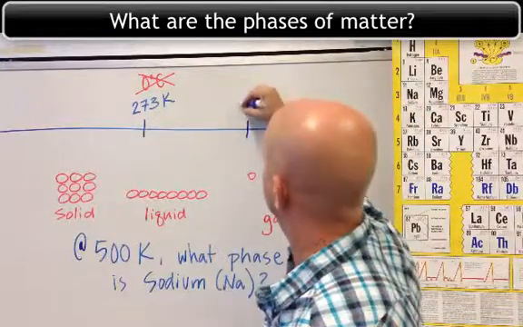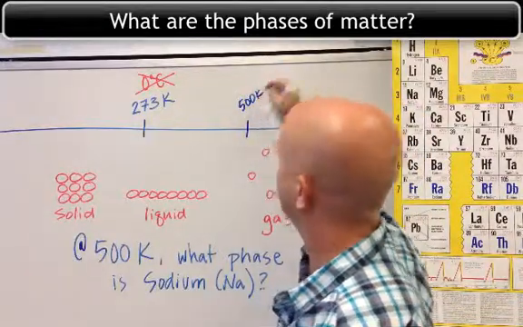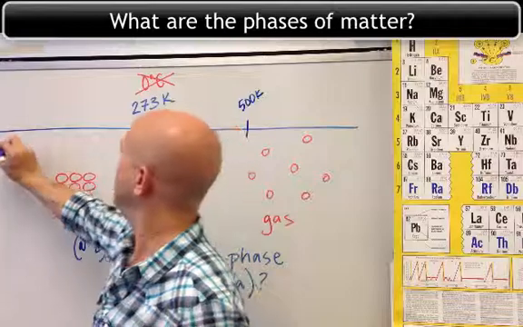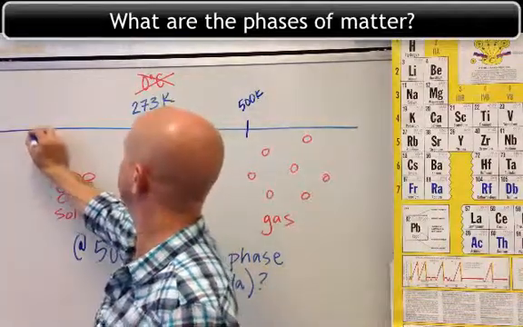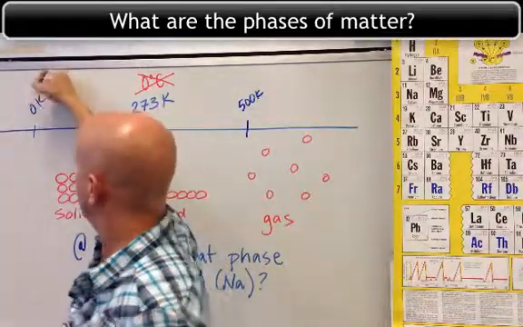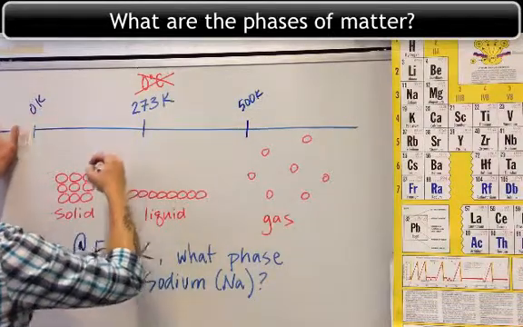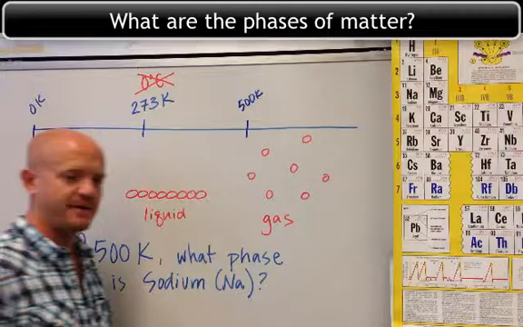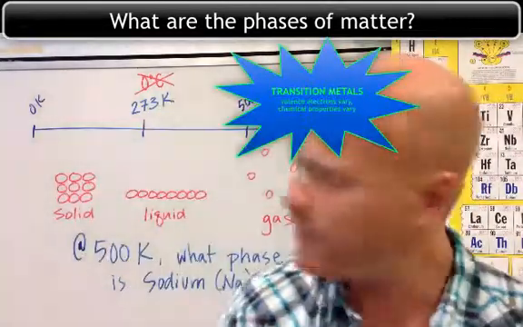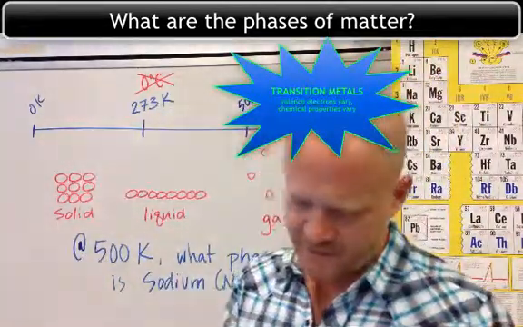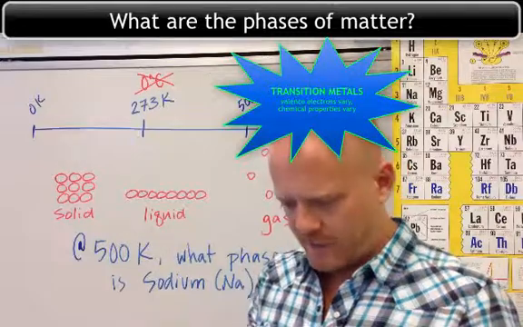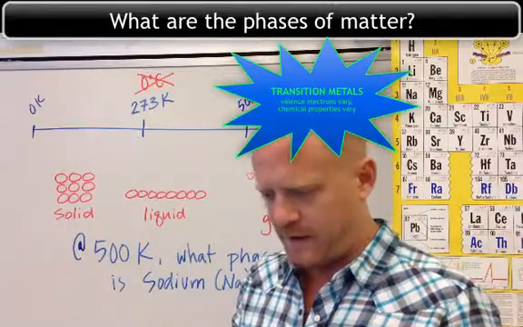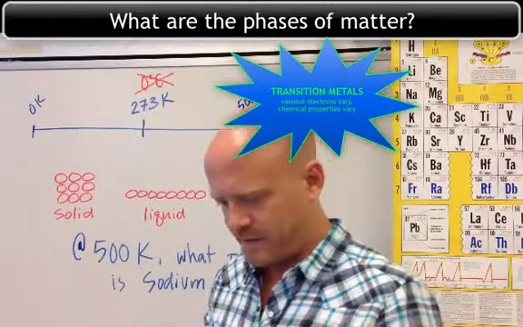So let's just put this as 500 K. Way down here would be 0 K. And since we can't get lower than 0 in the Kelvin, this is considered absolute 0. Now I'm going to look at sodium's information from Table S, and I will determine where the melting point and the boiling point are found.